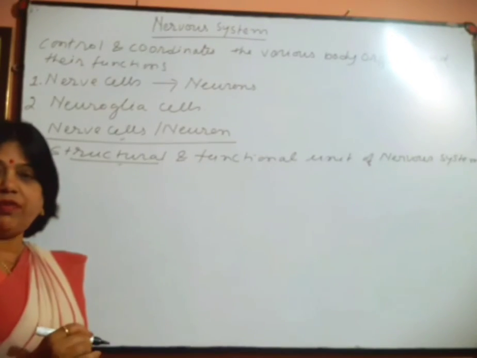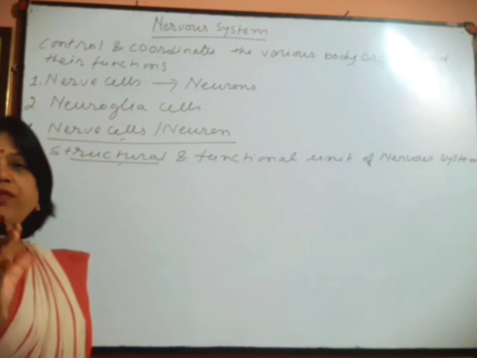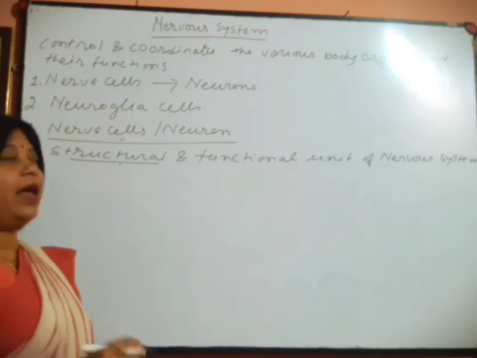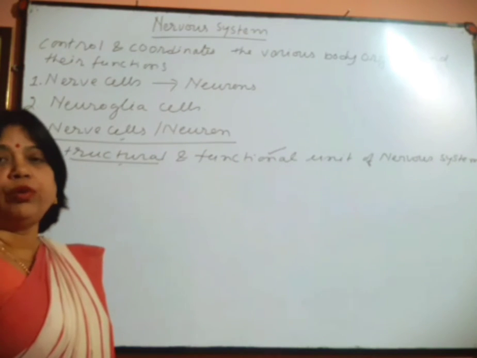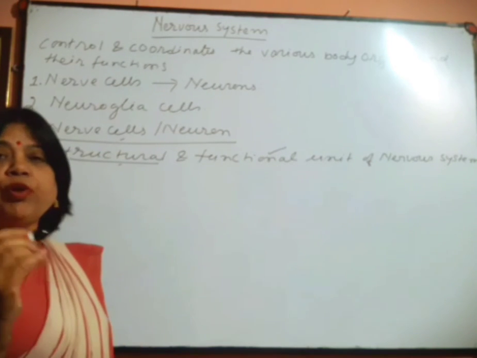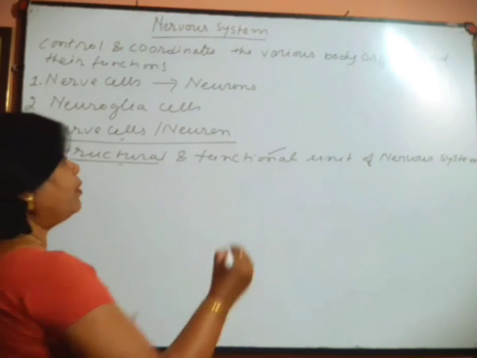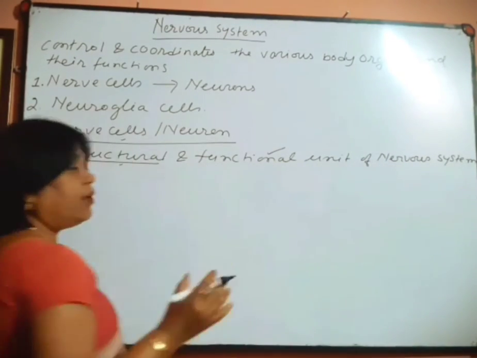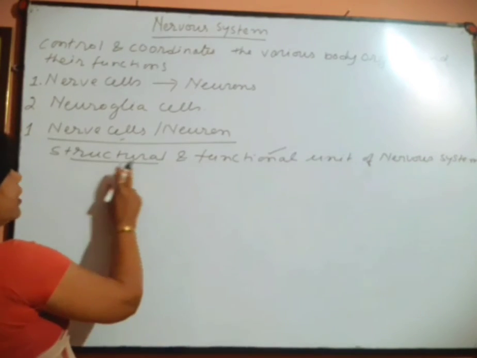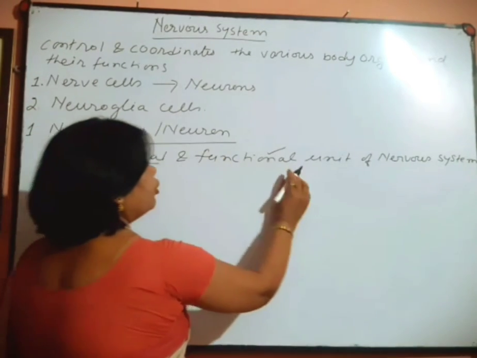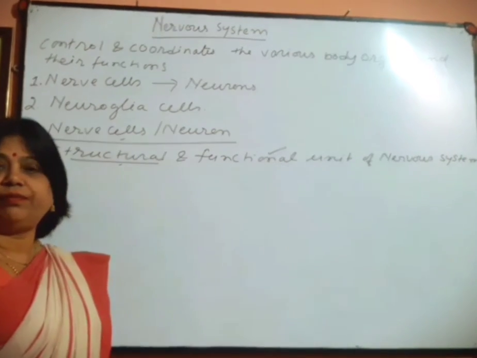The main function of the nervous system is to conduct the nerve impulse, and that is conducted by the neuron. So a neuron is the functional unit of the nervous system. Therefore, we can say that a neuron is the structural and functional unit of the nervous system.